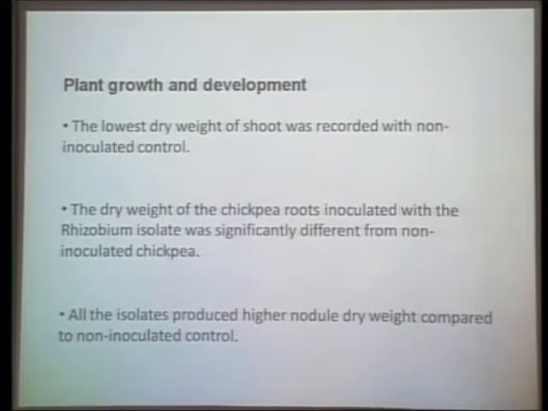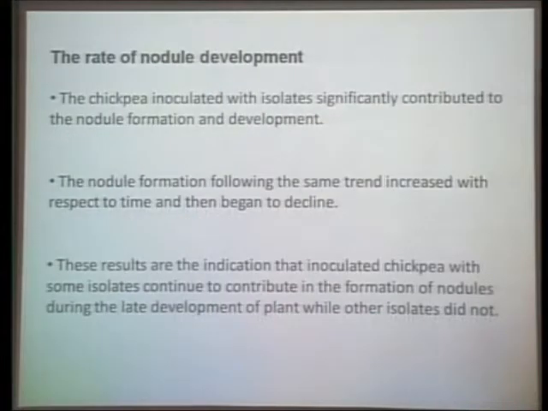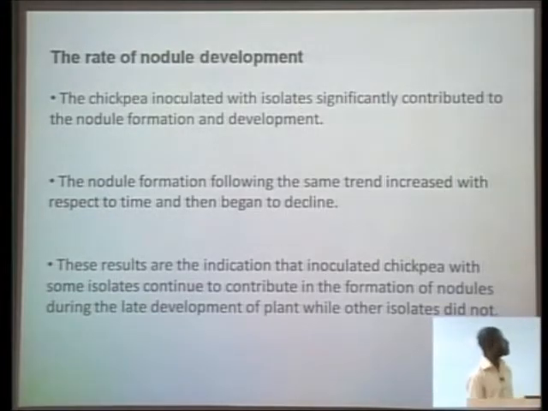And then the dry weight of the chickpea roots inoculated with the rhizobium isolate was significantly different from the non-inoculated chickpea. All the isolates produced higher nodal dry weight compared to the non-inoculated chickpea. The chickpea inoculated with isolate significantly contributed to the nodal formation and development.